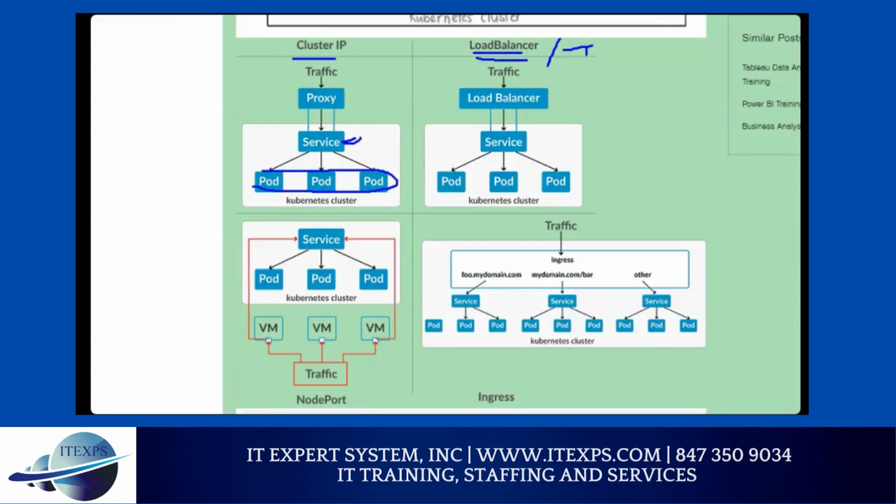Now, if you directly want to go to the VM, please pay attention. VM is nothing but a node. So if you want node level load balancing, then NodePort. The name itself says node level load balancing. This one, pod level load balancing. This one, service layer load balancing.